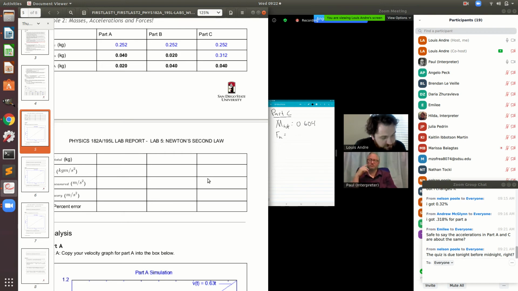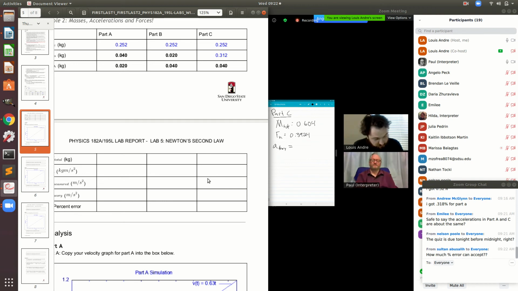And FH is same as the last one, yeah, 0.3924. So acceleration theory should be... hey, yep, looks like it.